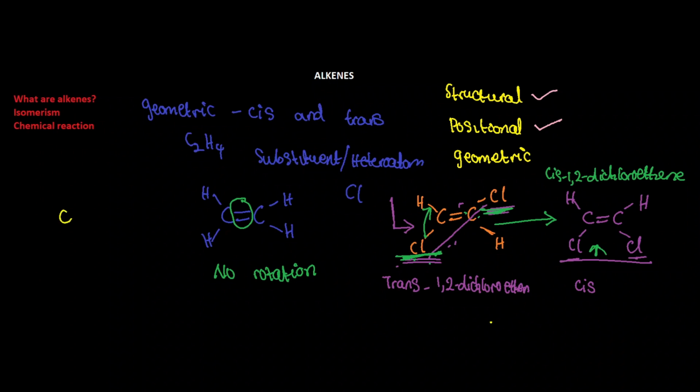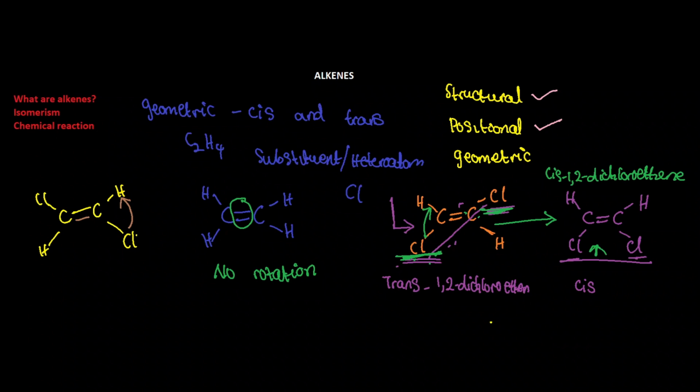If rotation were permitted, then with a molecule that looks something like this, the chlorine here would be able to rotate such that it would take the position of hydrogen and then form a cis isomer.